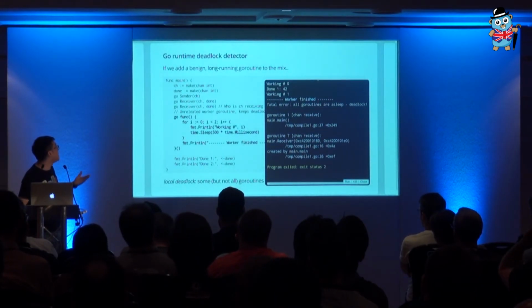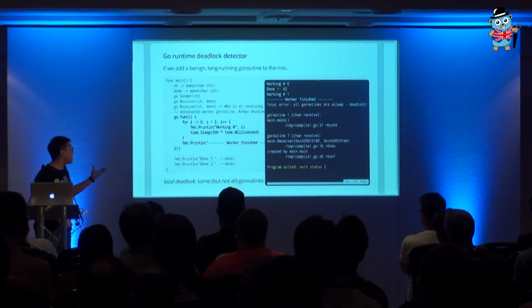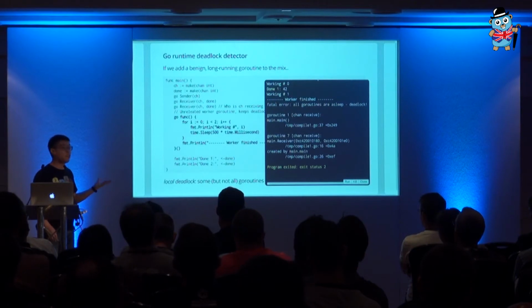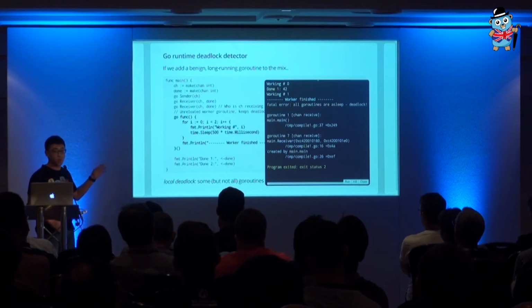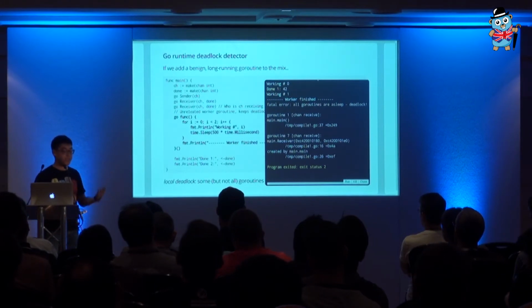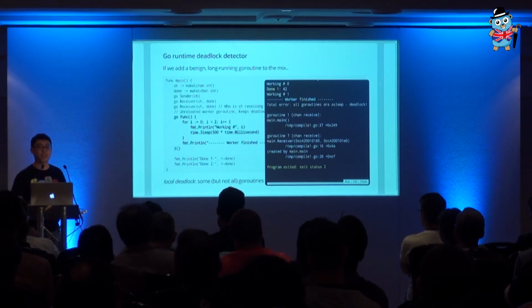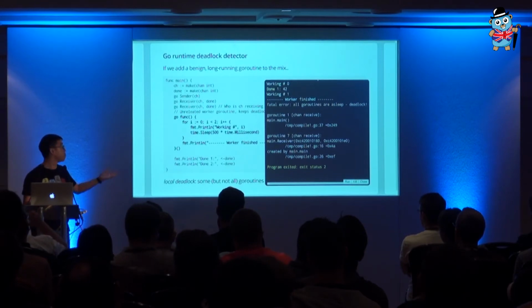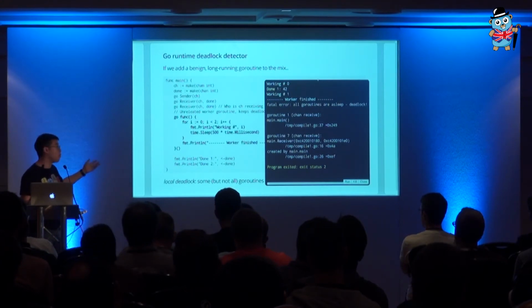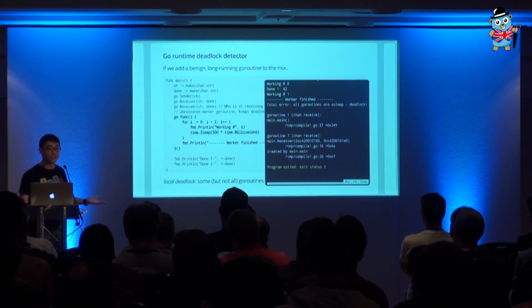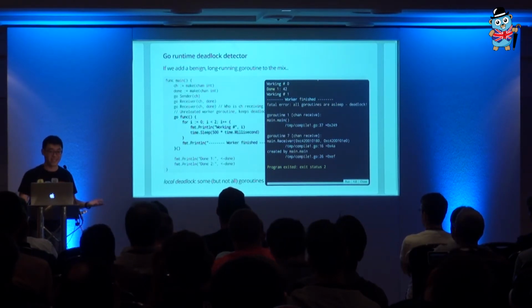So as you can see, we still get this deadlock detected in the program, but it's only after the work is finished, because every time the deadlock detector comes around and checks if there are still running goroutines, yep, something's running, so there's no deadlock. But in reality, the deadlock that we've seen before with the senders and receivers is already there. It's still there. It's just waiting for the whole program to get stuck.